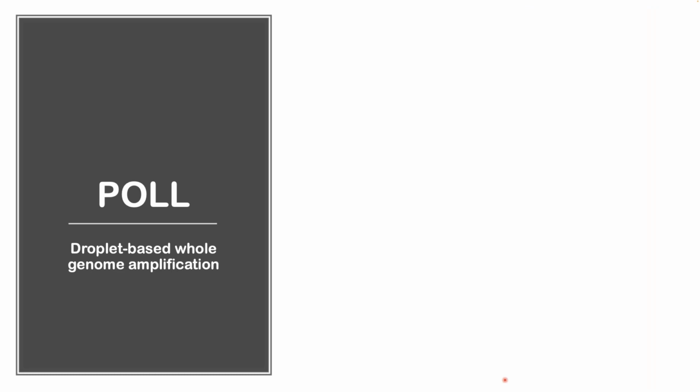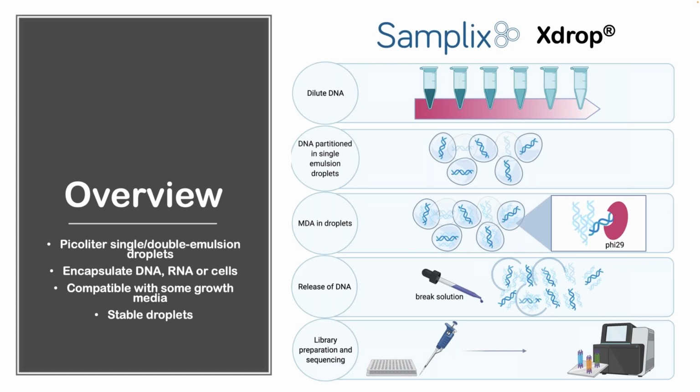Great, thank you, Sonia. I see that very few people are familiar with droplet-based whole genome sequencing, so allow me to give an overview. Our approach leveraged the innovation of Samplix Xdrop system, a droplet generator that enables precise manipulation of genetic material.